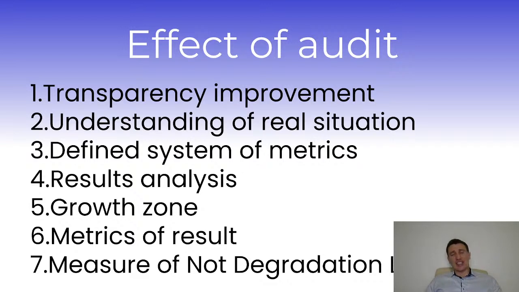We defined a system of metrics in which we will measure our progress and our results. This defined system is already created and working, so you can just use it by taking and updating. That's all.